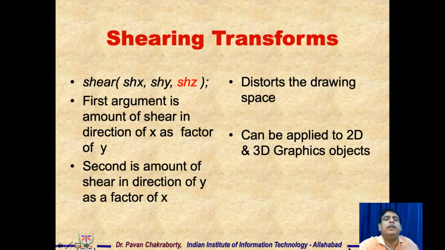The other transformation is the shear transformation, and in this shear transformation I could twist an object and I could have a shear in x, a shear in y and a shear in z.